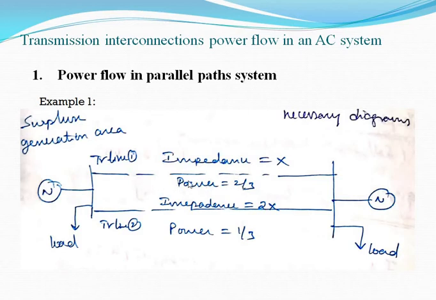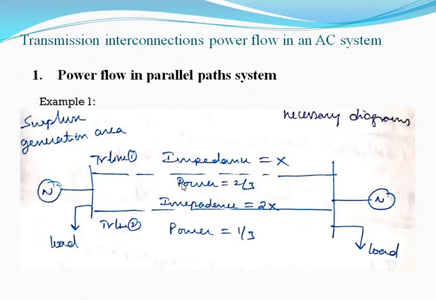Here 2/3 of the power can be carried by this transmission line because of its low impedance compared to transmission line 2. Because of high impedance, we can transmit only 1/3 of the power from this generation area to the load.